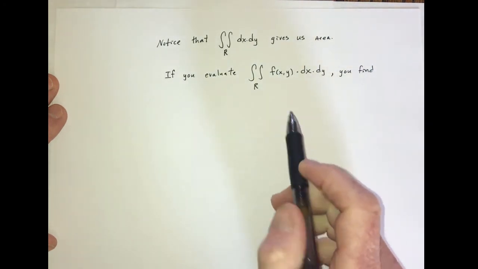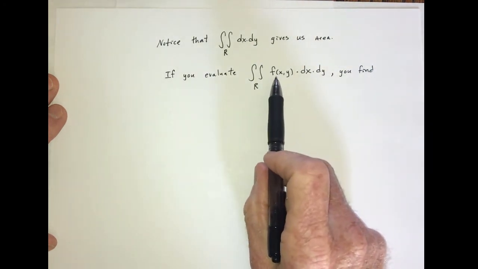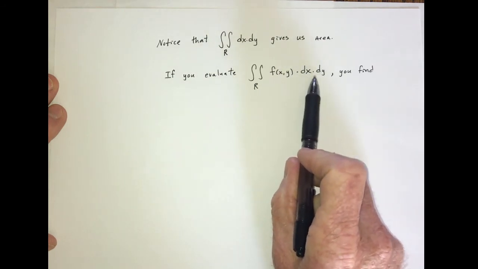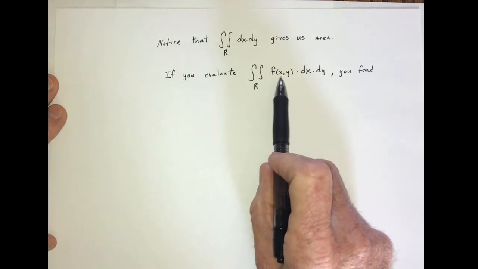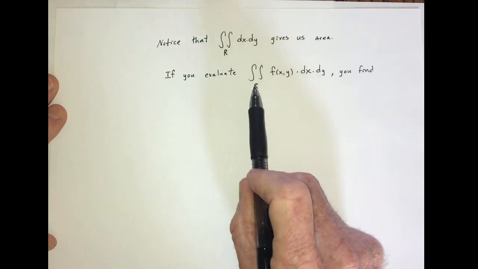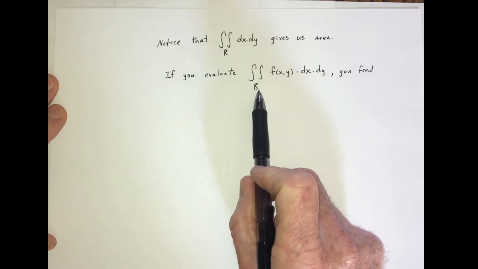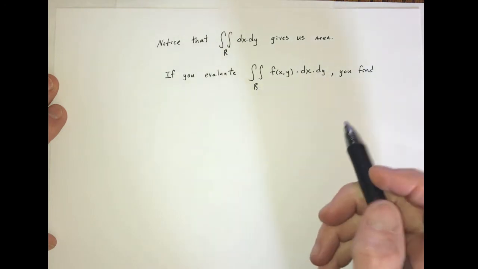So what you're doing is you're finding this function right here is up in space. This R is in the xy plane. So basically you're underneath this function. You're walking around this region R in the xy plane, and you're finding the volume between those two.